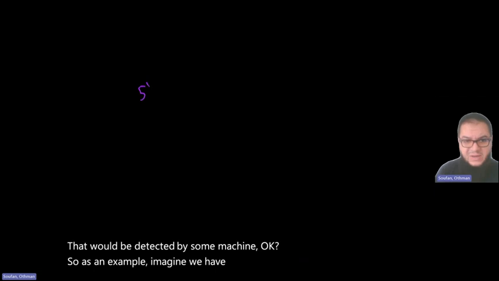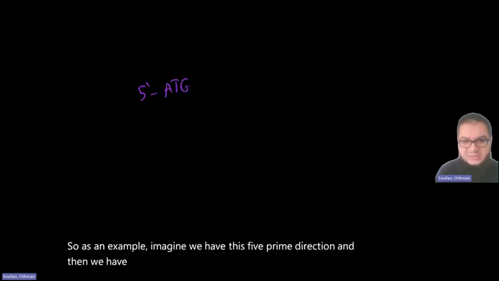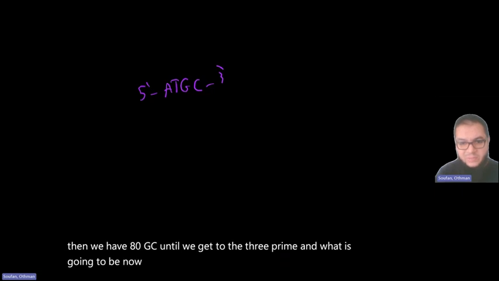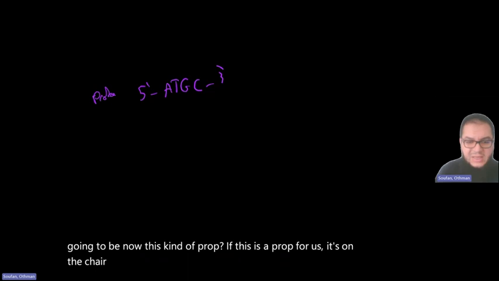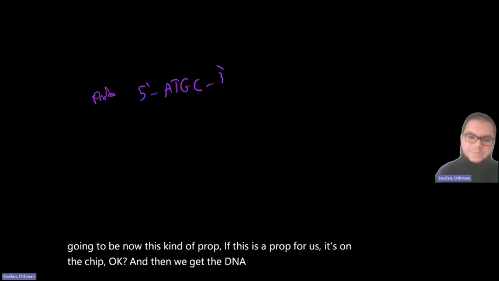So as an example, imagine we have this 5' direction, and then we have A, T, G, C until we get to the 3'. And if this is a probe for us, it's on the chip, and then we get the DNA sequence.